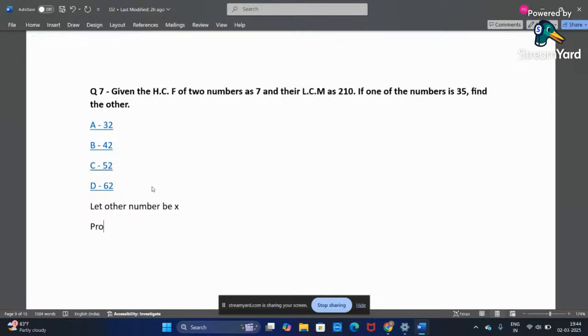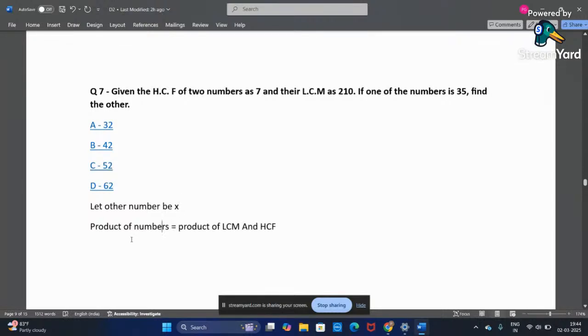You have to multiply the LCM and HCF, and the product of the numbers. So what are the numbers here? One we know it is 35, another one we have taken as X, right?